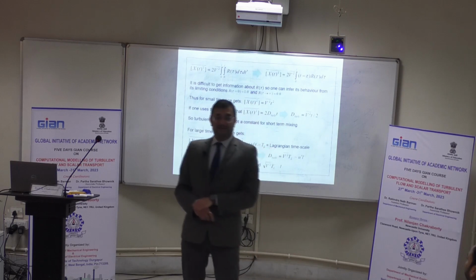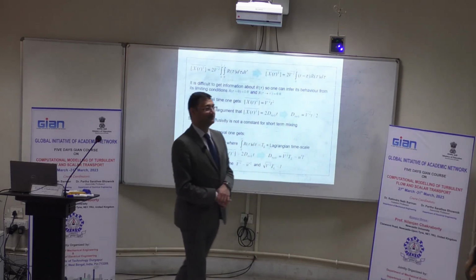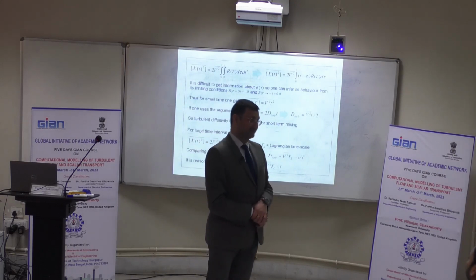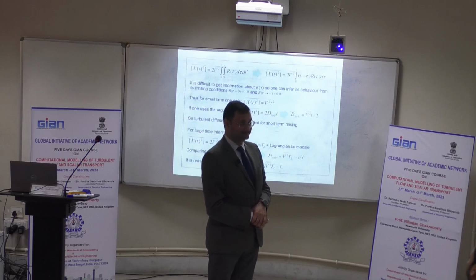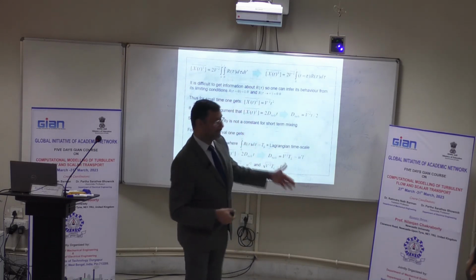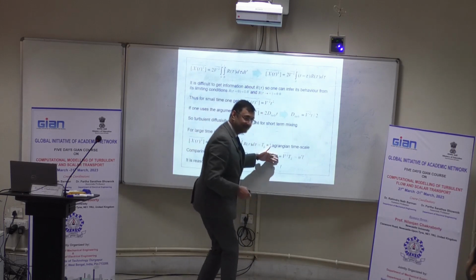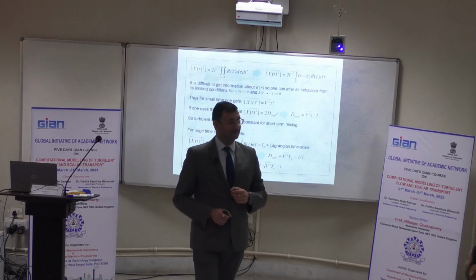So that's why the turbulent Prandtl number or turbulent Schmidt number are generally considered of the order of one, because kinematic eddy viscosity and turbulent diffusivity both scale with u prime times l.